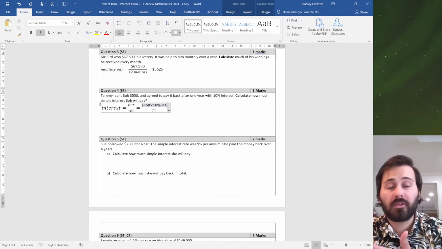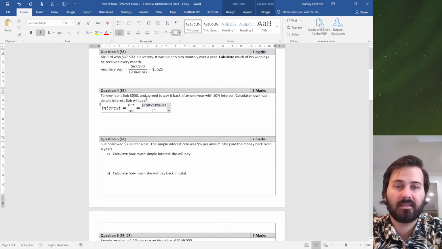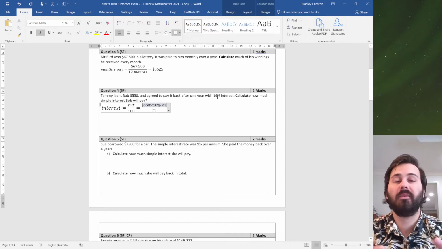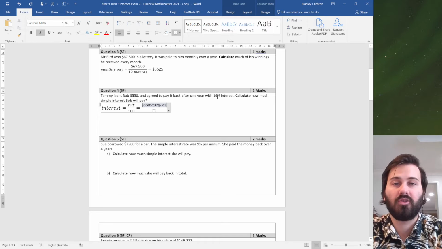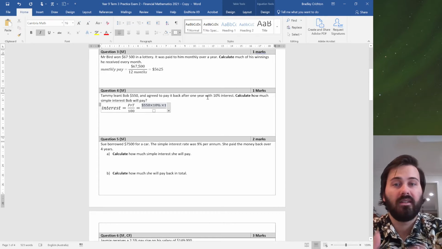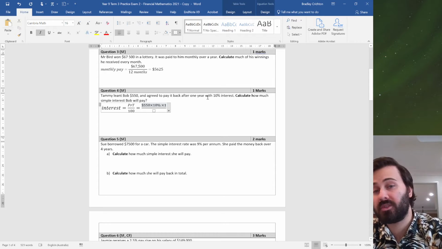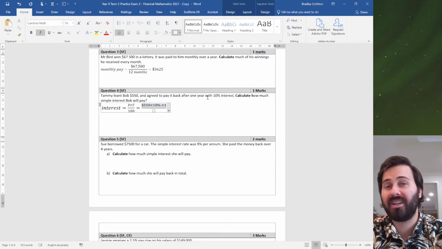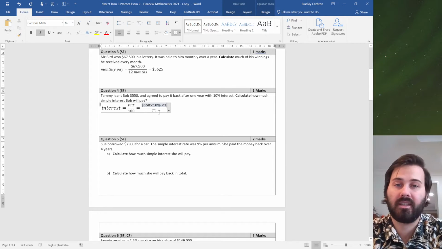Now, we have to recall that our time period and our interest rate have to be in the same time unit. So if our percentage was in months, our time period would also have to be in months. But at the moment, both of them are in years, so we don't have to change anything.